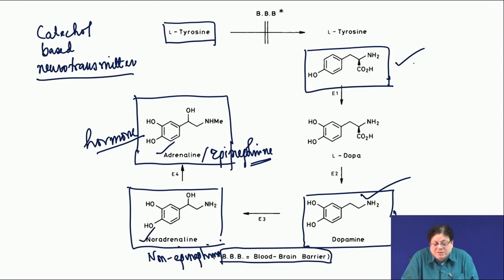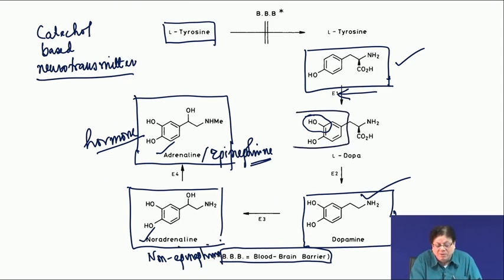As it reaches the brain, there is an enzyme called tyrosine hydroxylase, which puts a hydroxy group in the aromatic ring, and that is basically the catechol moiety. Now you have the catechol moiety, so basically you have dihydroxy.